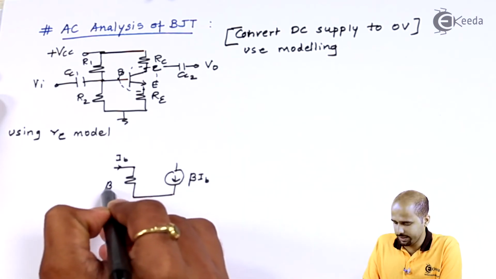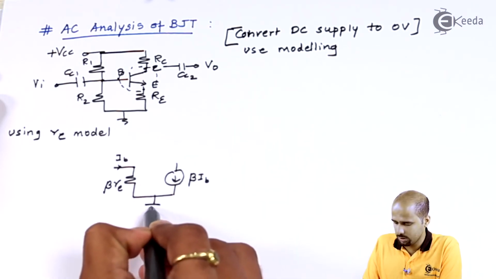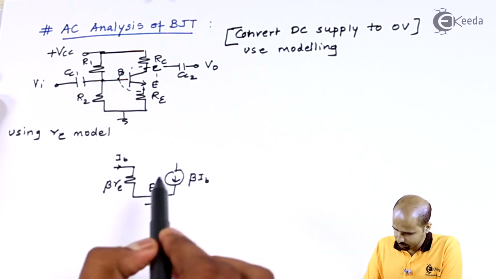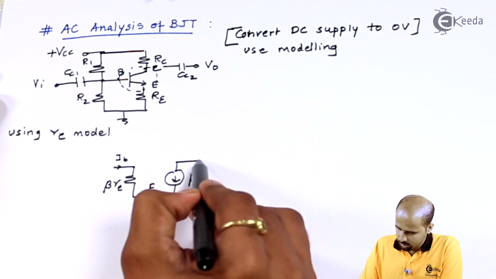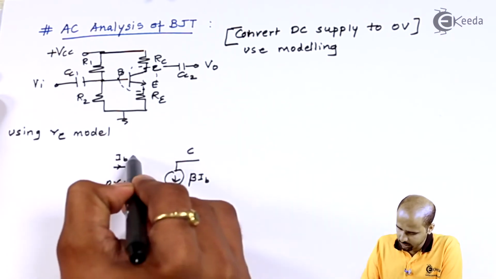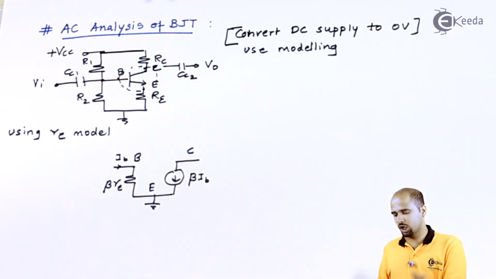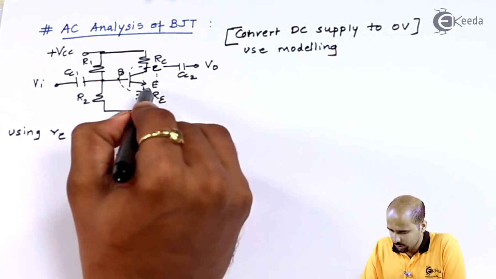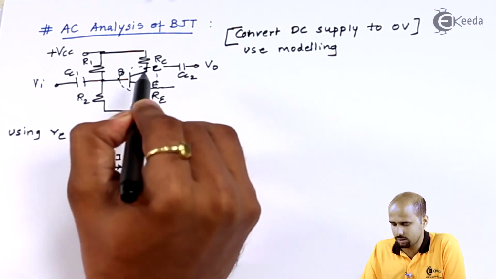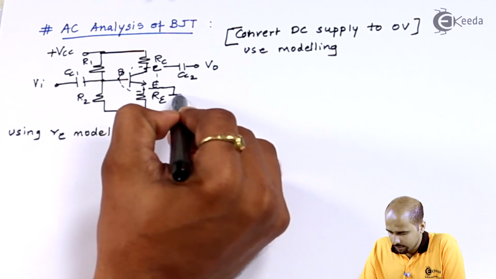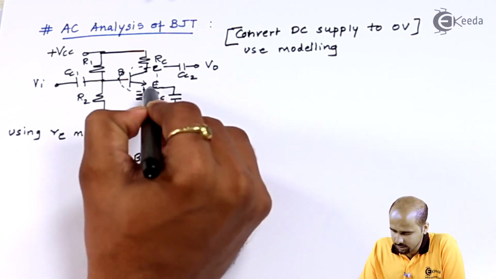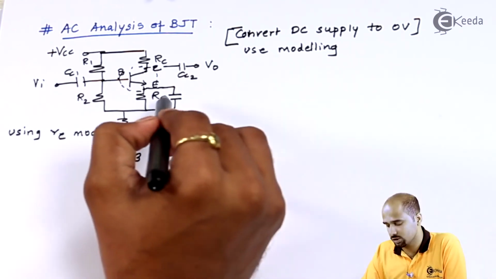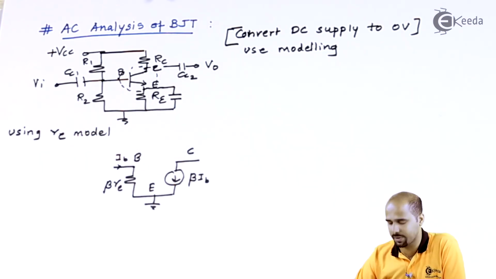This is your beta into small re, grounded emitter. This is your collector, this is your emitter, and this is your base. Hold on, I have not yet connected any capacitor in parallel with the emitter. If I connect this capacitor in parallel with the emitter, I will get more gain, right? So that capacitor is called a bypass capacitor.